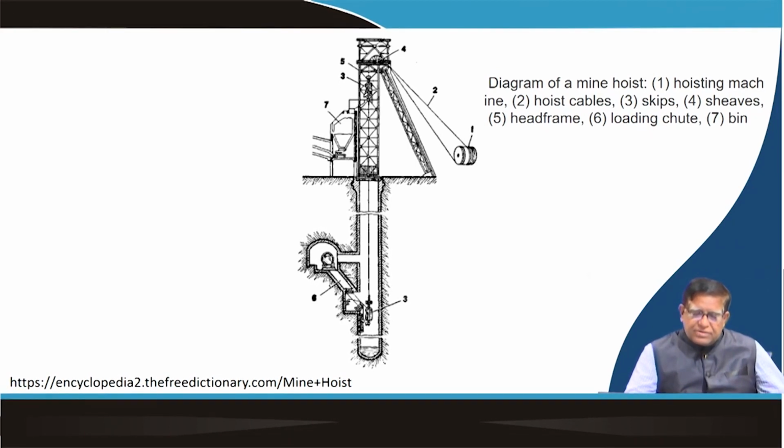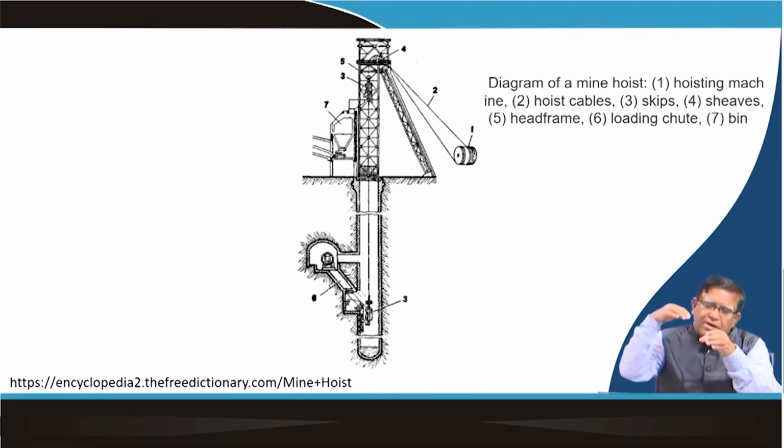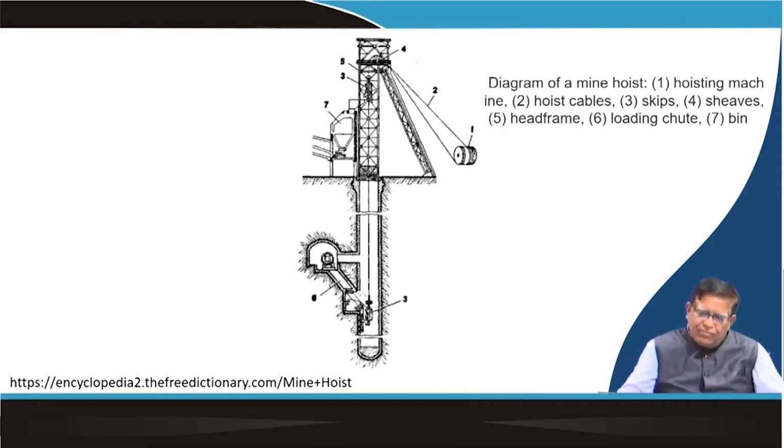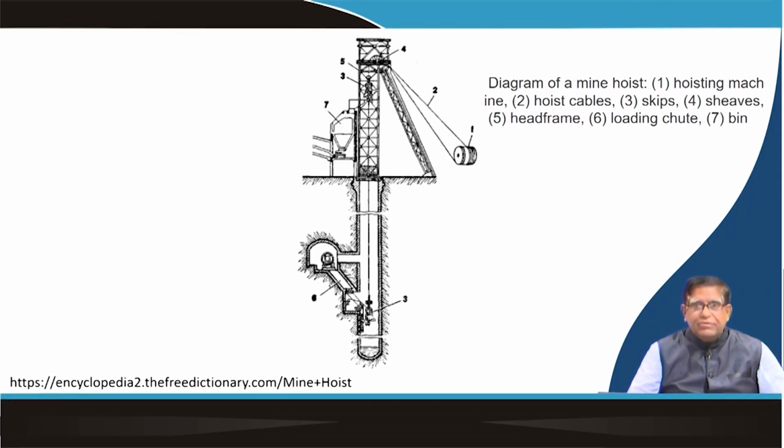That tippler will give to a bin or a chute here, and the material will be guided to the skip. As in the previous figure, the skip has a top where you can put the material down, and once it is filled, it will automatically give a signal at the gate to the winder persons: okay, my skip is now filled. They will start winding, and then the material will go up.